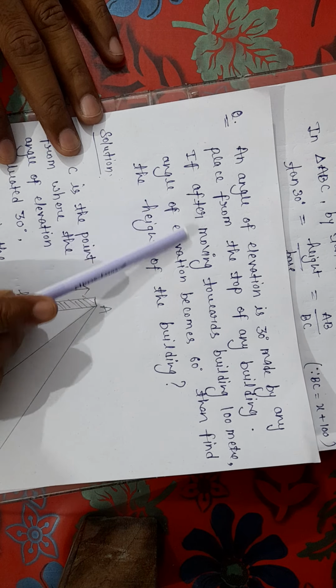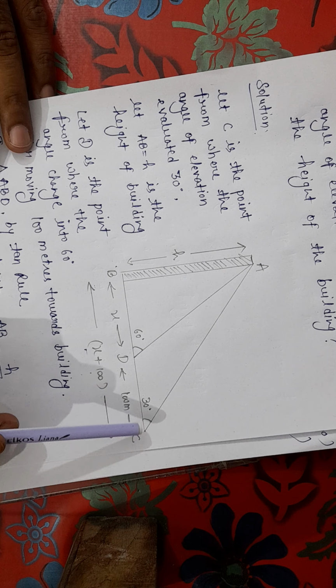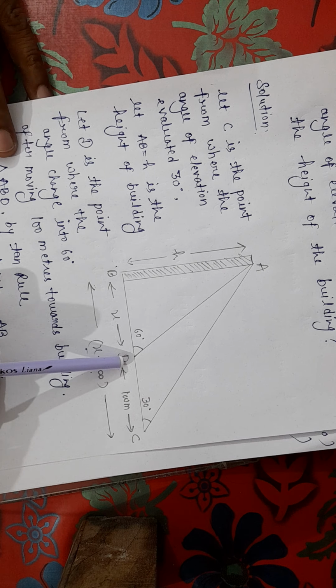So first we have prepared the image here. This is the building, this is the point from where the angle of elevation is 30 degrees, and after moving 100 meter towards the building, the angle of elevation becomes 60 degrees. So the full value of BC equals x plus 100, and this x we consider and h we consider.